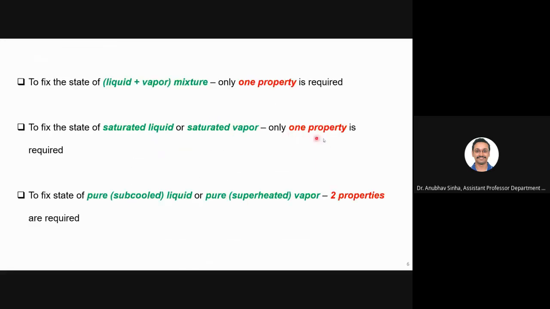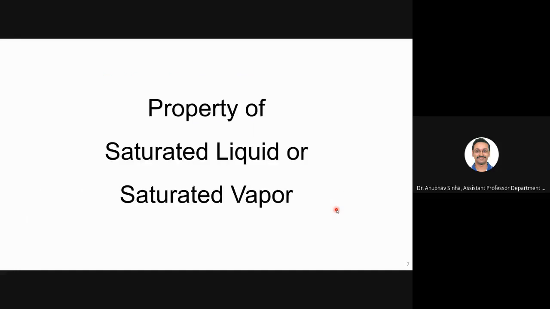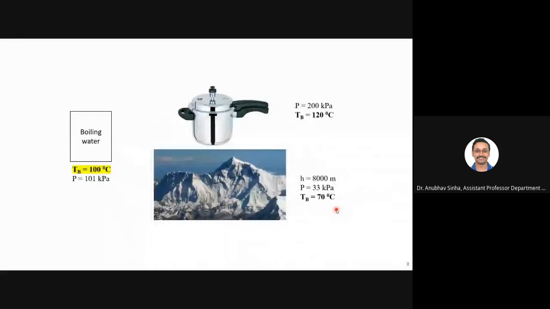Now the challenge is when it goes to the subcooled region or superheated region, then I need at least two properties to fix the system. Otherwise, one property is good enough. So this will form the basis of our property tables. Okay, so let us first start with the property of saturated liquid or saturated vapor. As I mentioned, this is an example which you have already seen.